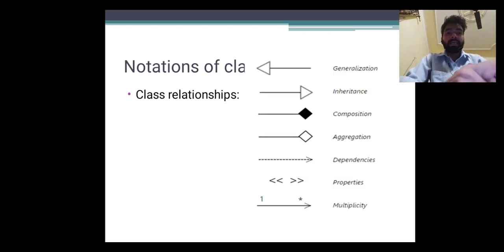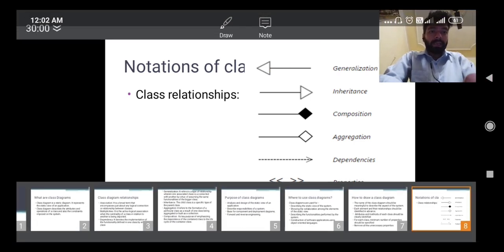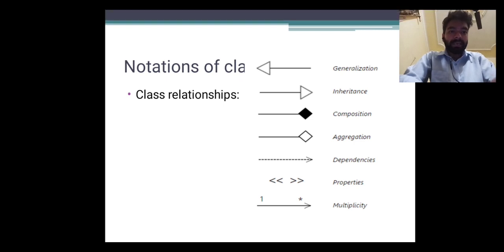And now the notations of the class diagram. First is the generalization, and this is the generalization notation. Next is inheritance, this is the inheritance notation. Next is composition, this is the composition notation. And this is the aggregation notation, and this is the dependency, a dotted arrow. Next is the properties notation. And this is the multiplicities.